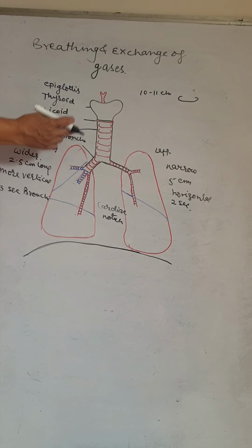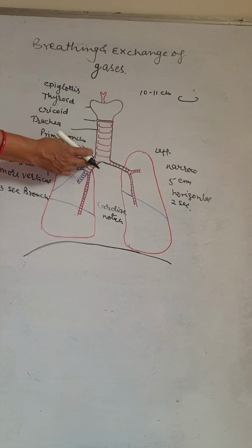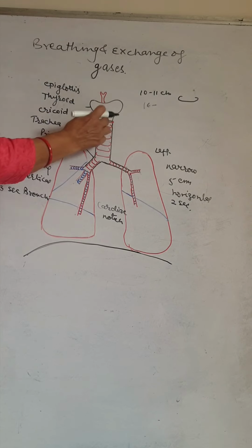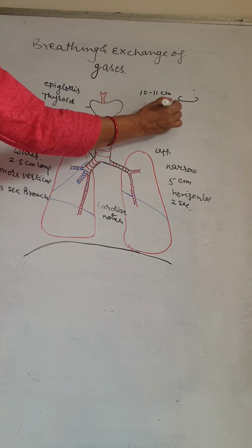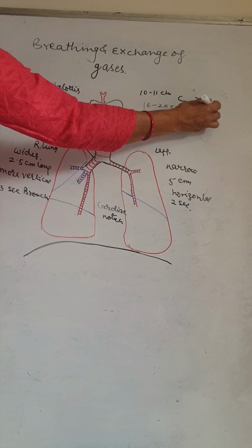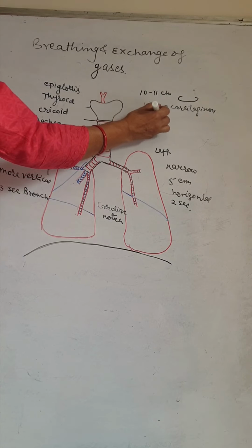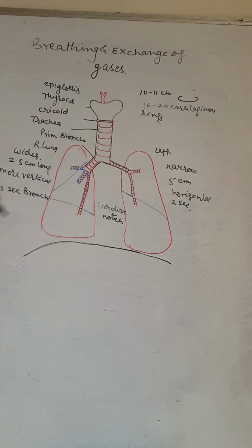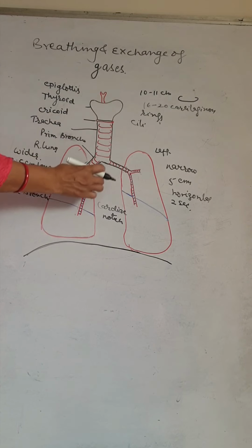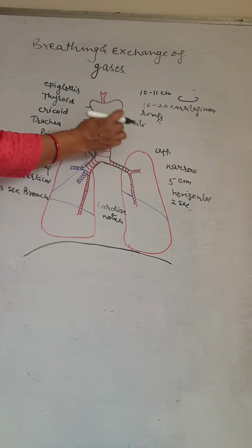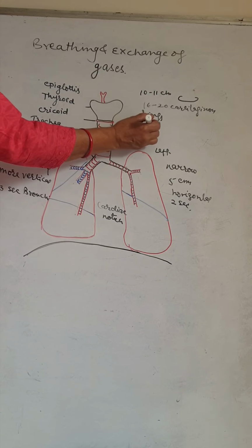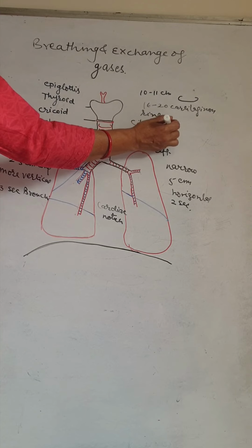The trachea has 16 to 20 cartilaginous rings, and the inner lining of the respiratory tract is lined by ciliated epithelium.